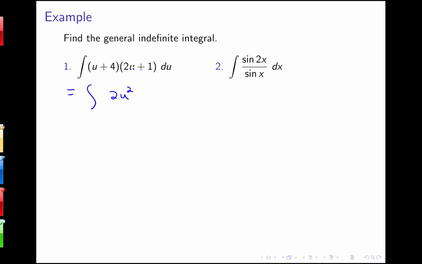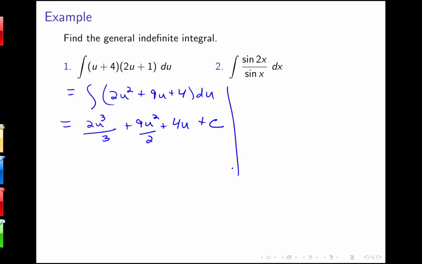Let's see, I'm going to get an 8u and another u here, so this will be plus 9u plus 4 du. And then I can antidifferentiate each one of these terms. So I'm going to have 2u cubed over 3 plus 9u squared over 2 plus 4u plus c. And that would be our answer for the general indefinite integral for that first problem.